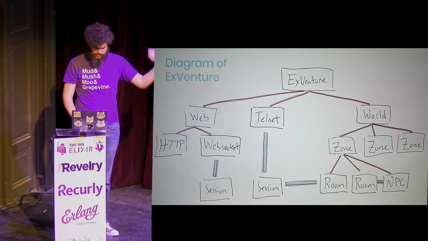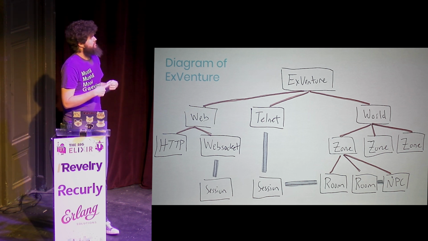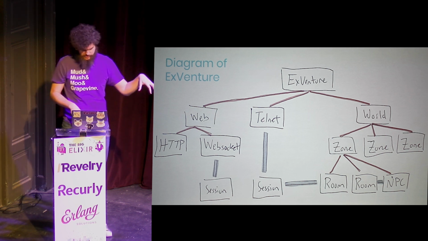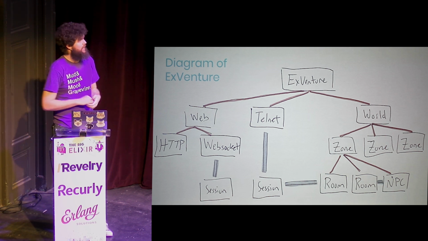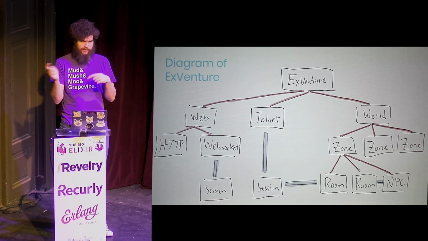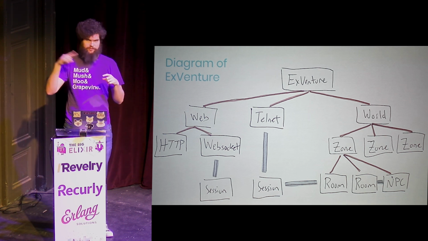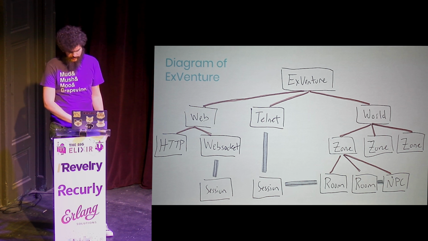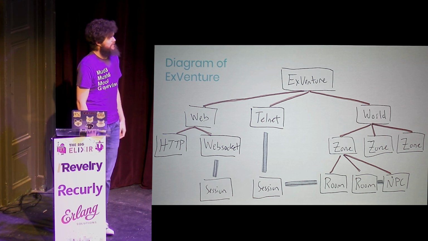So the telnet starts a session, they link together, and they have bidirectional communication. And then your session is your character that goes ahead and links to a room, and they do a lot of talking to it. So you mostly talk to the room you're in, and that acts as a router for other players in there. And then our NPC also joins the room.